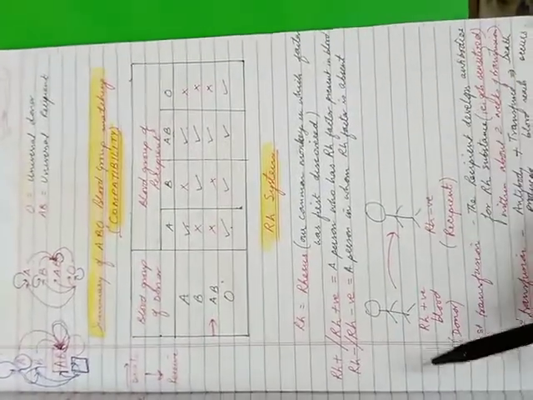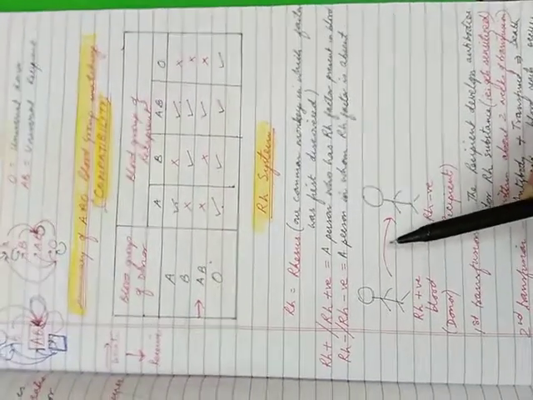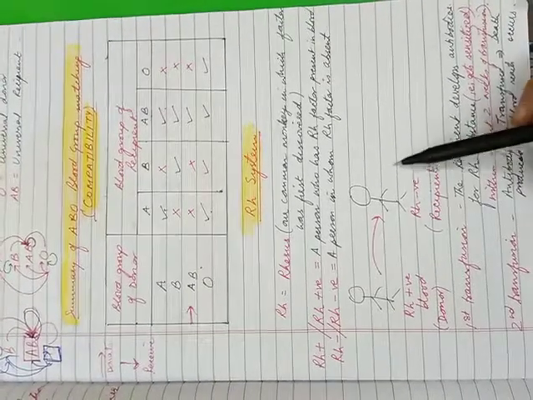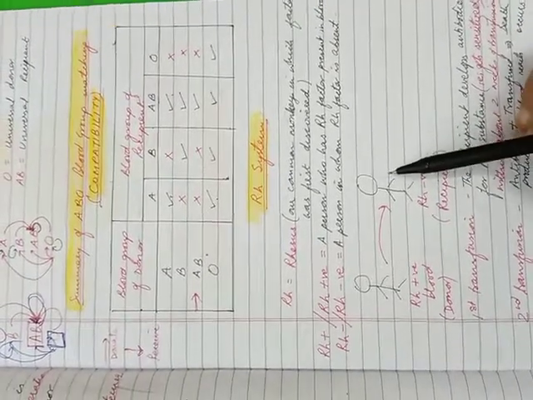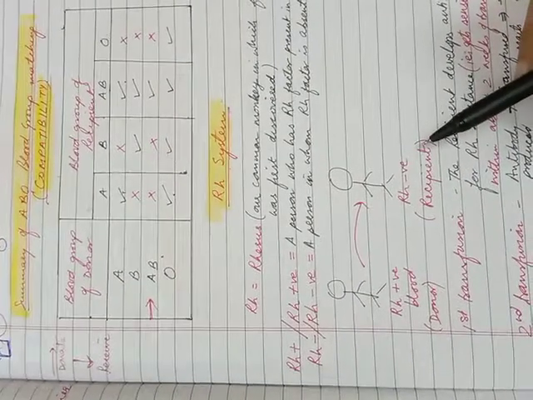Alright. So when the blood of an individual, let's say Rh positive, is transfused to a person that is a recipient, and suppose he is Rh negative. Try to understand this. Suppose this donor is Rh positive and this recipient is Rh negative.